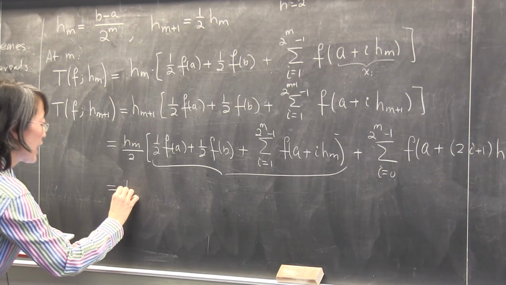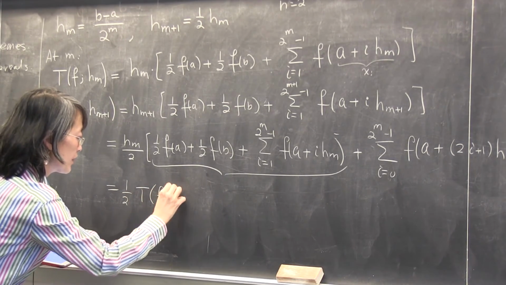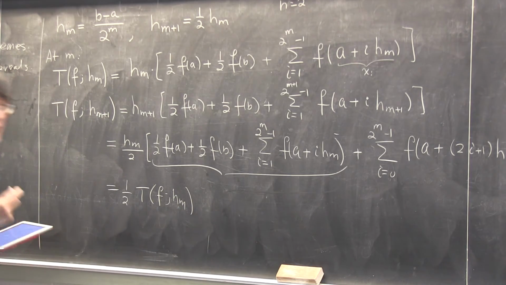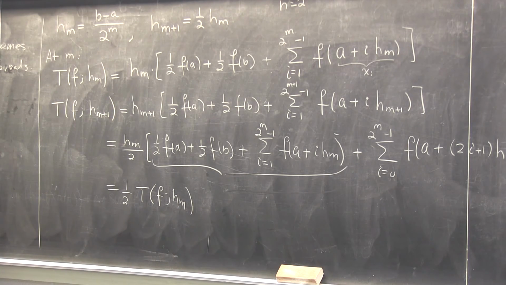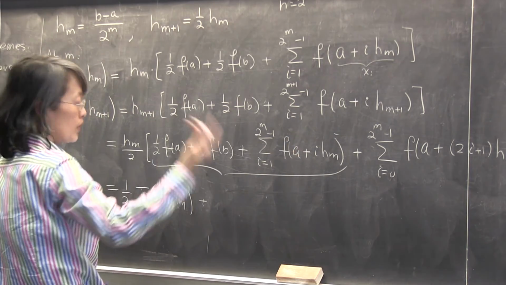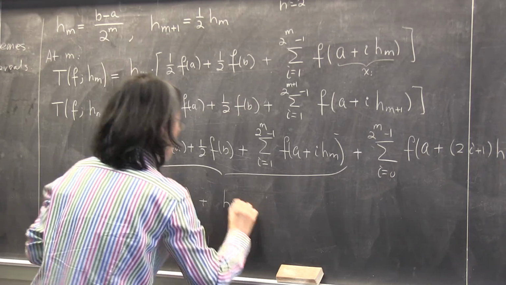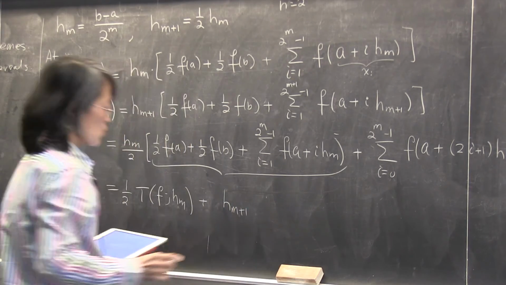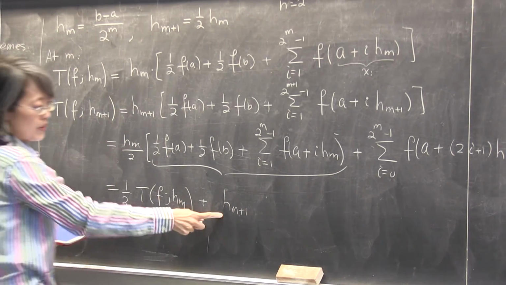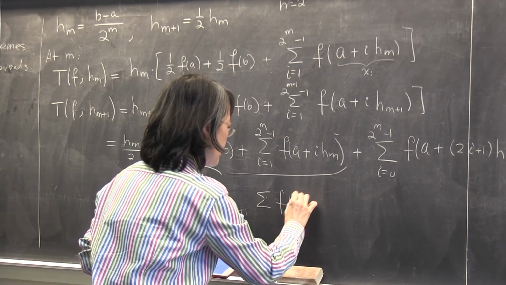So I will have a half T of f at hm coming out, isn't it? You just need to multiply by half, okay? And then I have, of course, the newly added one. You have to go through them. So let me write it over. So this I'll write as hm plus 1. hm over 2 is hm plus 1. And then I do the summation. I'll just copy.